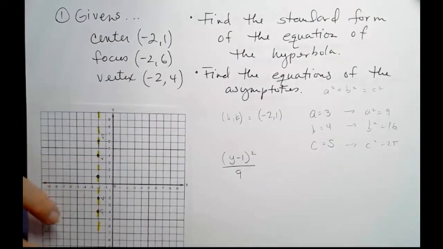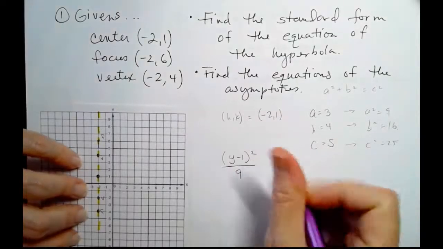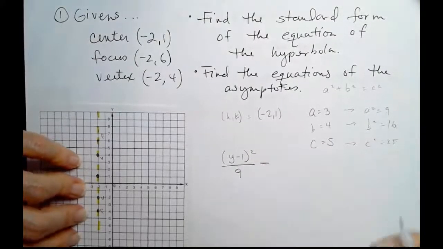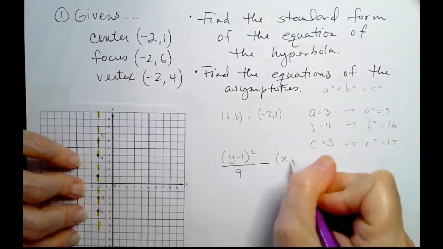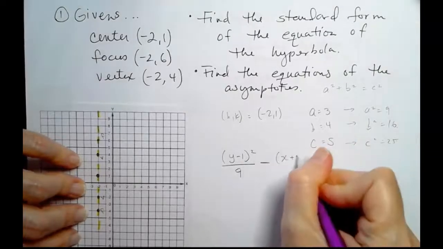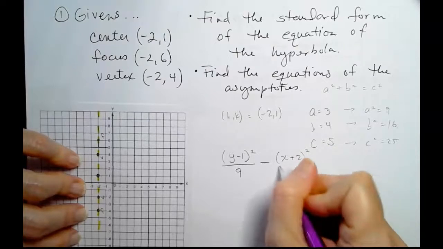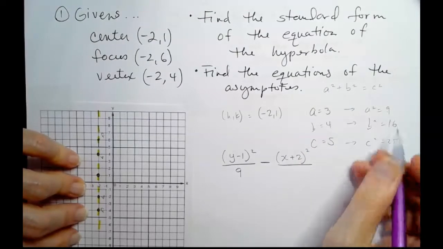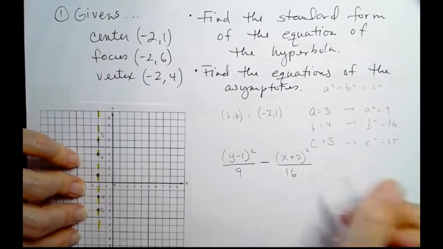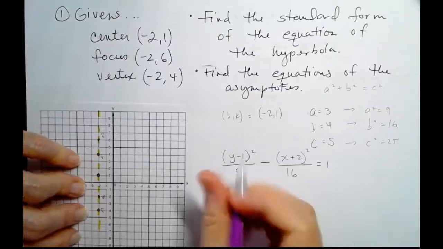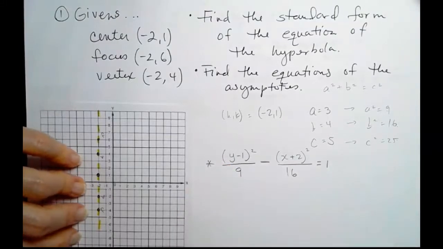It's just the part that needs to be positive. This is a hyperbola, so it's minus, and then x plus h, or x minus -2, so x plus 2 squared over b squared, which is 16, equals 1.